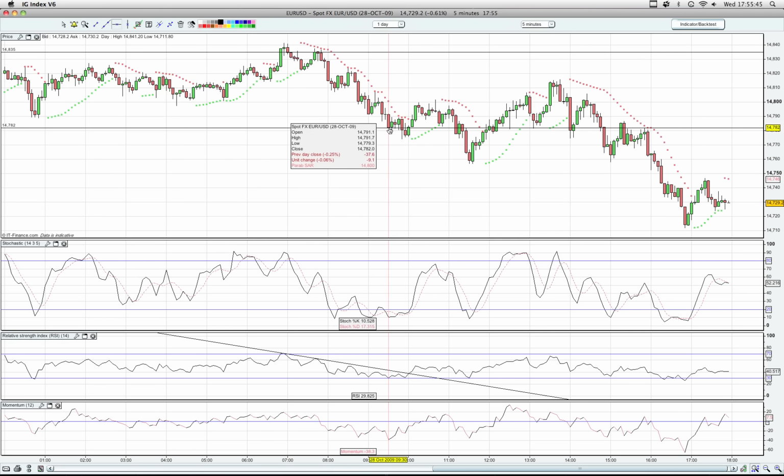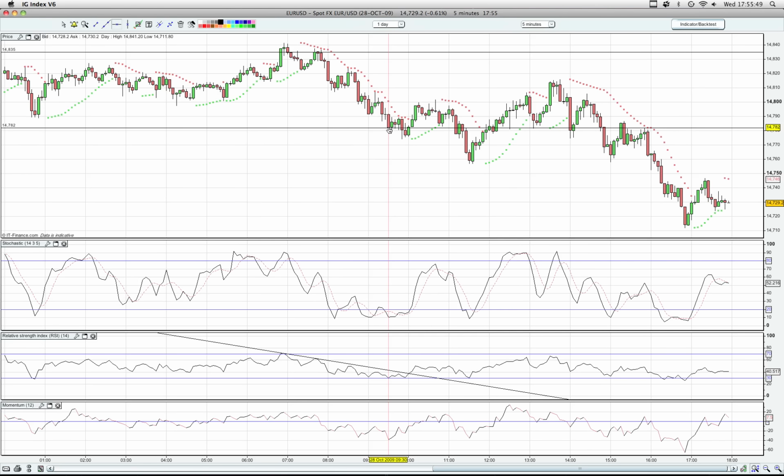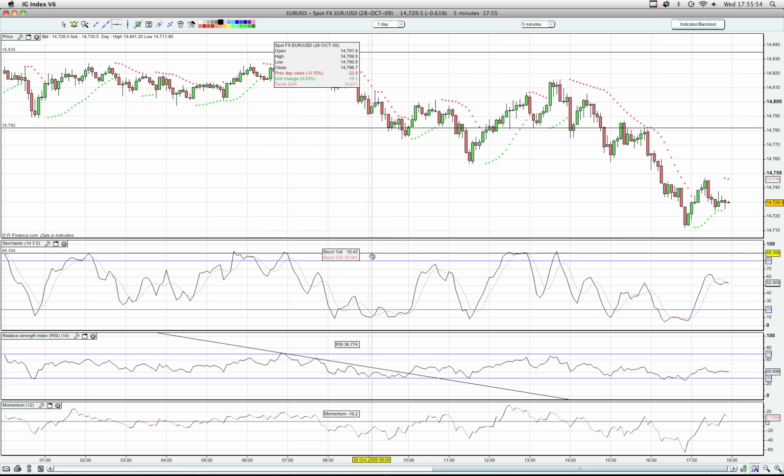We have the signal here touching, so theoretically we would exit there. If we do our calculation, 835 minus 782 is 53 pips, minus 2 pips on entry and exit for your spreads, gives 49 pips.